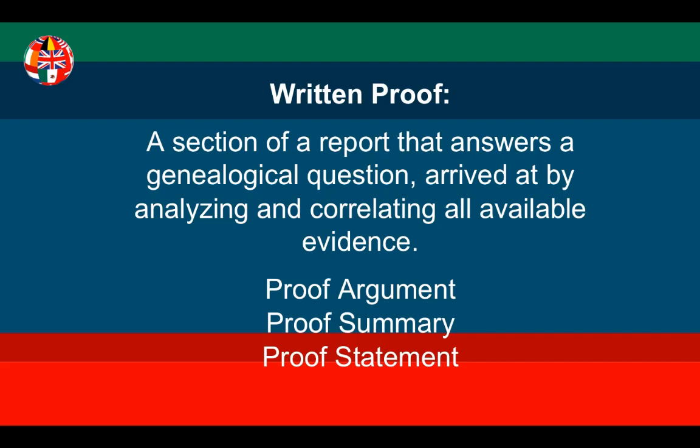Written proofs are often referred to as proof arguments, which are detailed and extensive and often cover several paragraphs or pages to thoroughly convey a conclusion. Proof summaries, also written, are generally more simple, involving 1 or 2 paragraphs to present the evidence and conclusions. A proof statement is just that, a simple written statement that's comprised of a few sentences that convey the conclusion.